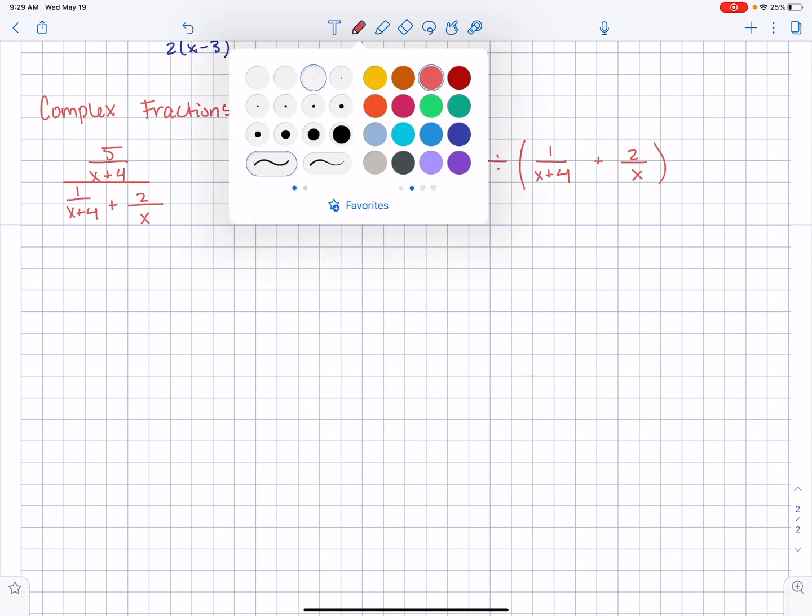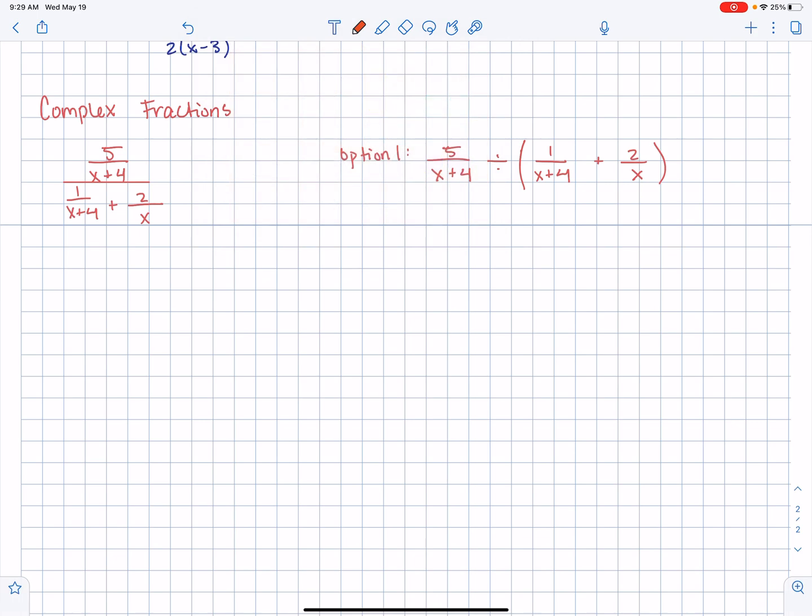And option 2, switch to orange, doesn't really go very well. We're going to say option 2 is that we are going to kind of fraction bust, if you've done that before, which is that we are going to multiply all terms by your least common multiple or least common denominator of all your fractions.